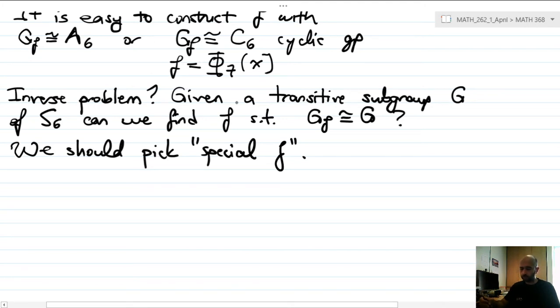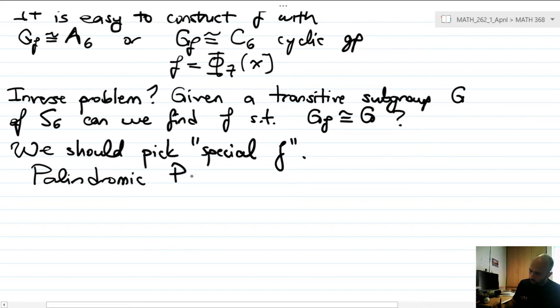But maybe to catch the other groups, you could do something else. Now, I want to do some specific example of that, which is kind of new. So let's look at so-called palindromic polynomials for that purpose.